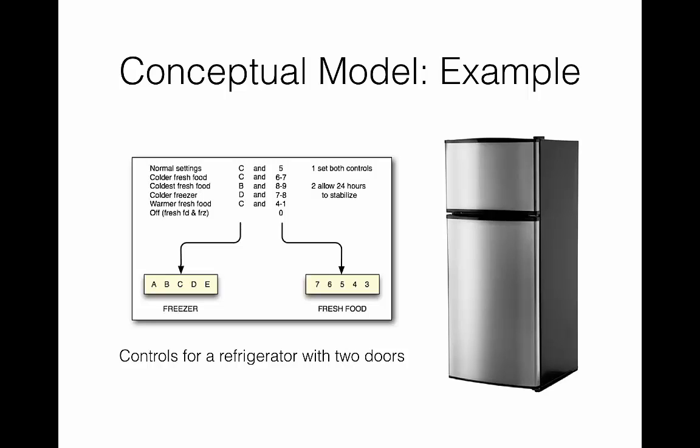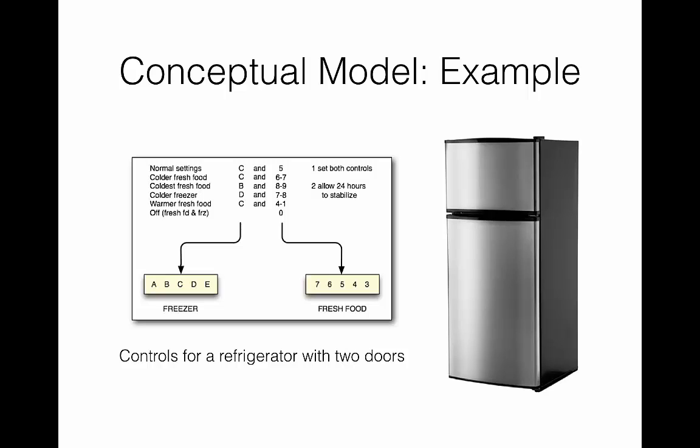Okay, the problem I'm referring to is that you have to allow 24 hours for the temperatures to stabilize. Even if you're only going to test a dozen different setting combinations, that's going to take almost 2 weeks.